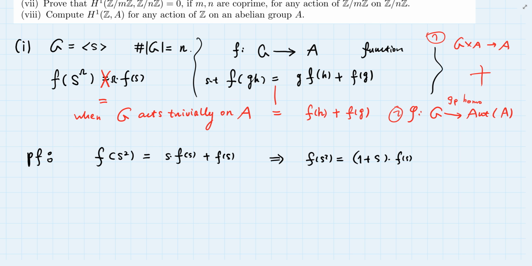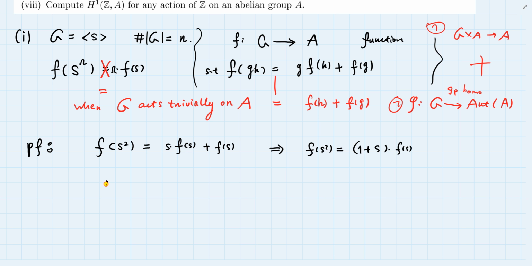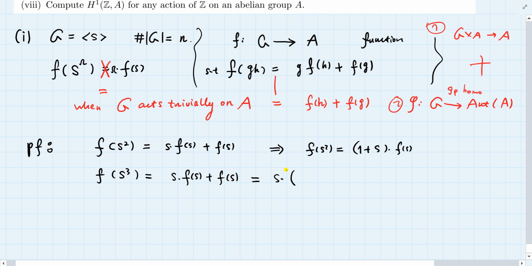So we have this, and continue with this. What do you have? And do the same thing for S cubed. What is it? It's S acting on F(S squared) plus F(S), just putting the square inside.